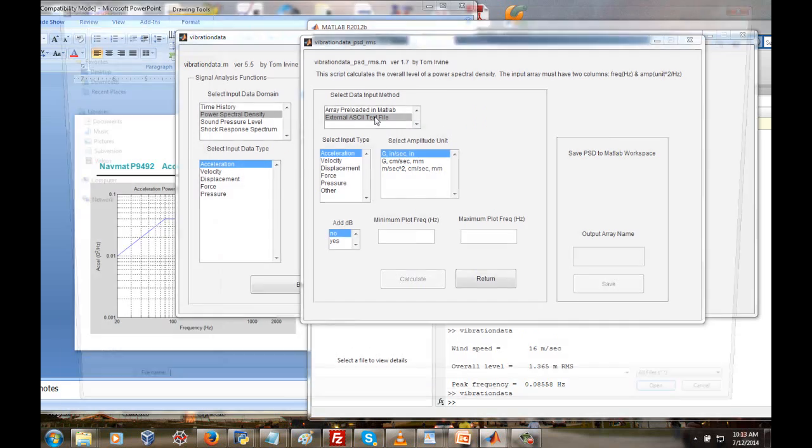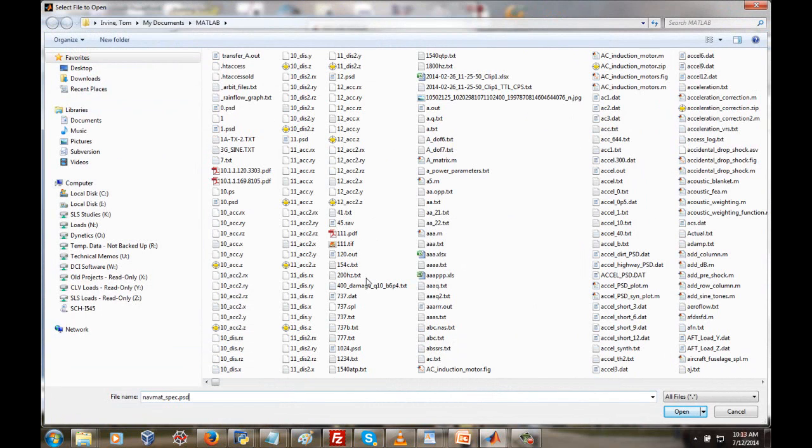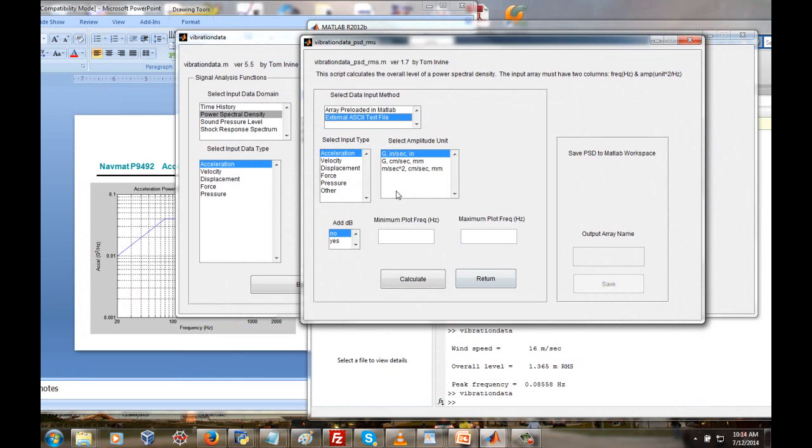So we have an external ASCII file, our familiar navmat_spec.psd. It's an acceleration. We'll have English units here. We're not going to add any decibels. Let's do 20 to 2000. That's going to be the frequency limits because that's the limits of the spec. And then let's calculate.